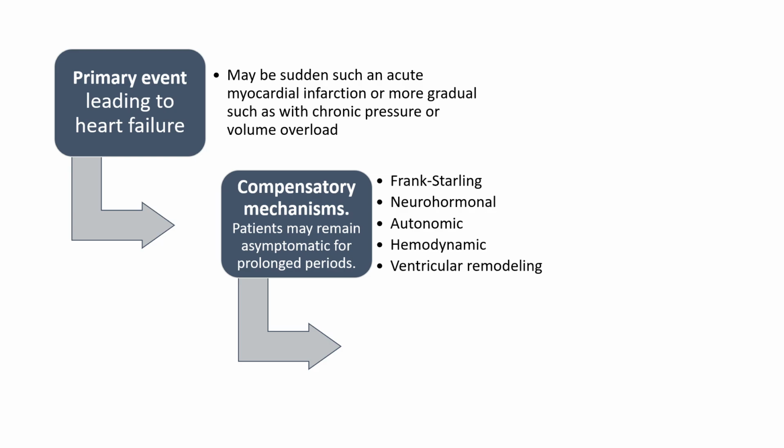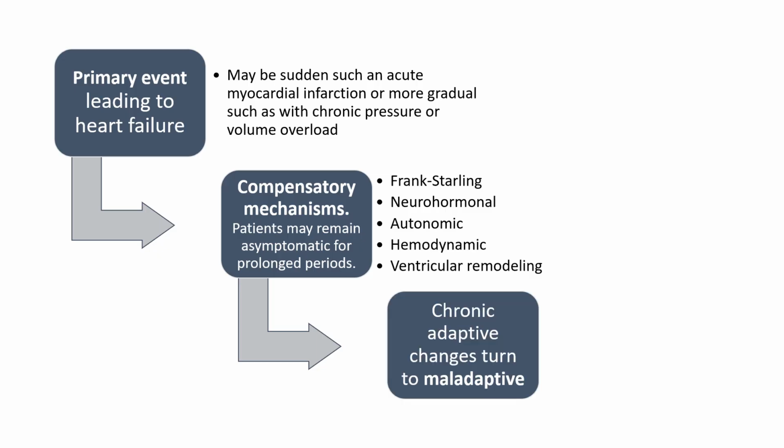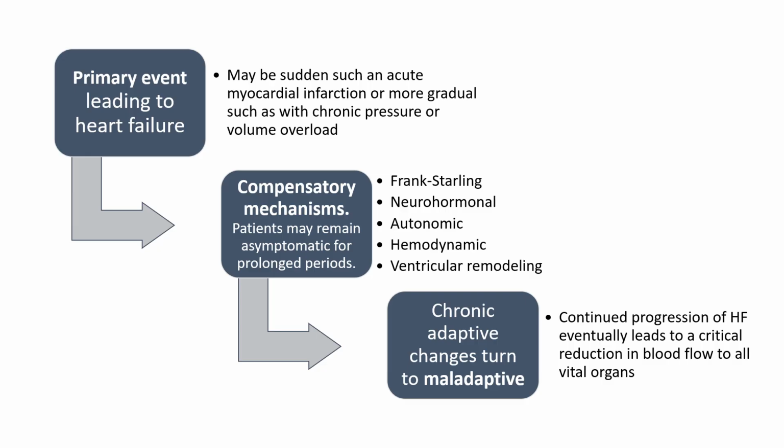Then there are other mechanisms, neurohormonal, autonomic, and hemodynamic, as well as ventricular remodeling, which I will detail for you during this presentation. The key thing to remember is that these chronic adaptive changes, while initially beneficial in the early stages of heart failure, eventually turn maladaptive and become counterproductive.